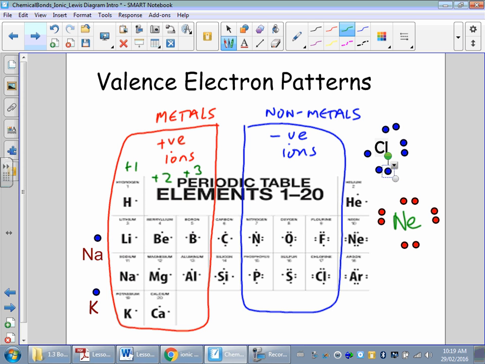The non-metals follow this pattern, but in reverse order. Nitrogen and phosphorus will be -3, they'll take on 3. Oxygen and sulfur will take on 2, -2, and then the halogens will be -1. So you'll see this nice step up, step down effect: +1, +2, +3, then -3, -2, -1 rather. Okay.